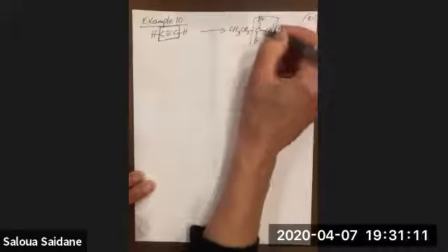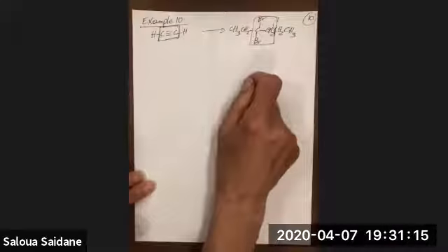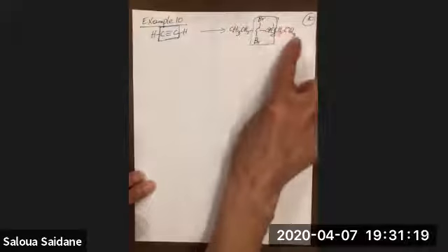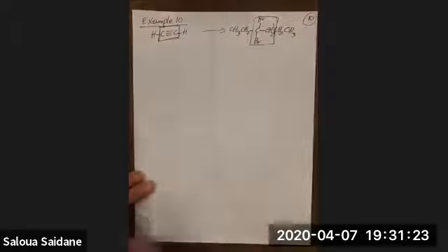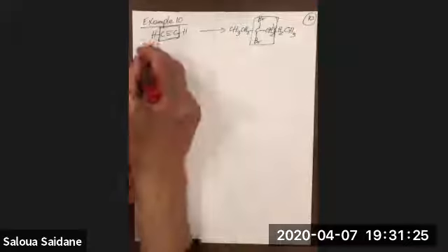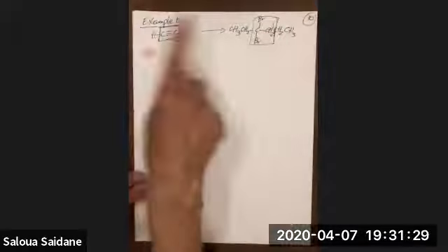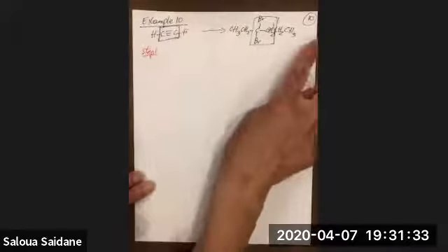Here, it looks like we added HBr twice, H and Br, and then H and Br. But also, we need to add these 2. So we need to add more carbons first, and then add excess HBr. So step 1, we're going to remove this proton and add an ethyl on this side. Then remove this one and add an ethyl.